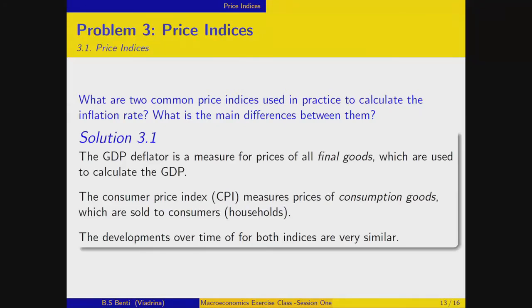The GDP deflator is a measure of prices of all final goods which are used to calculate the GDP. On the other hand, the consumer price index, as the name indicates, measures prices of consumption goods which are sold to consumers or households. So basically, the development over time of both indices is more or less very similar.